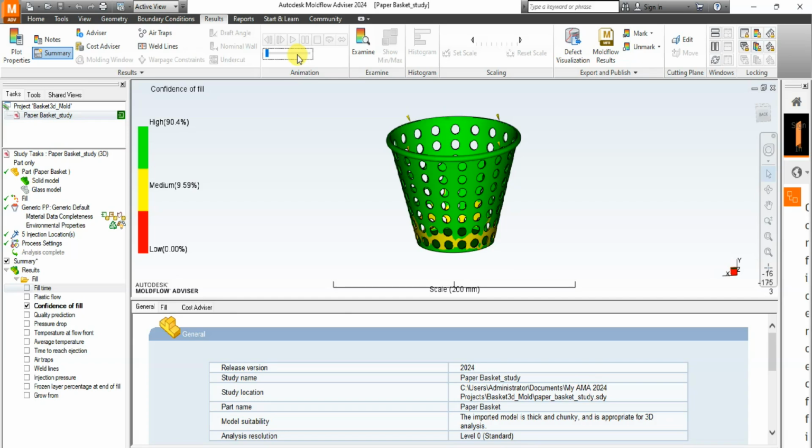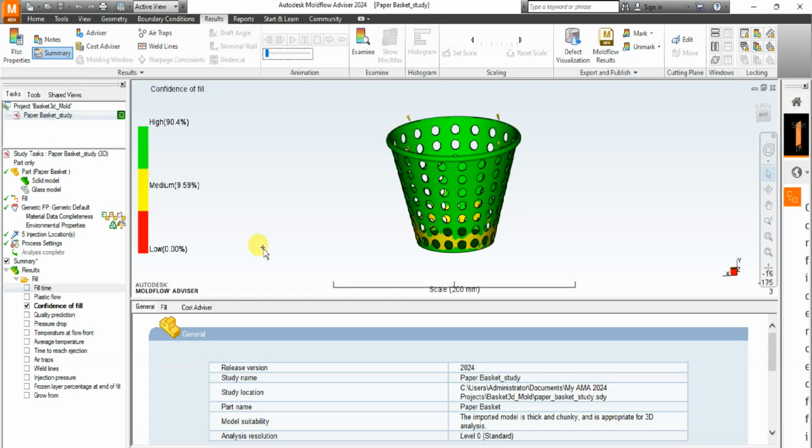Now there are certain things that come alongside this confidence of fill result. If it shows green, the greenness that you can see there in this section of the Moldflow simulation result, it shows that there is high quality, that the fill will go with at least over 90% accuracy.